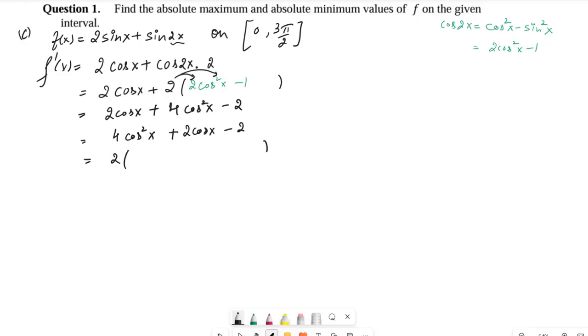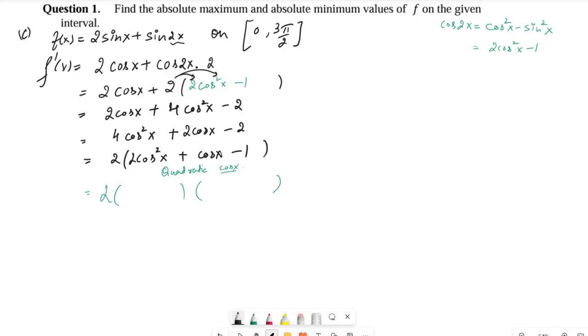I can factor 2 out: 2 times cosine square x plus cosine x minus 1. That seems like a quadratic in terms of cosine.